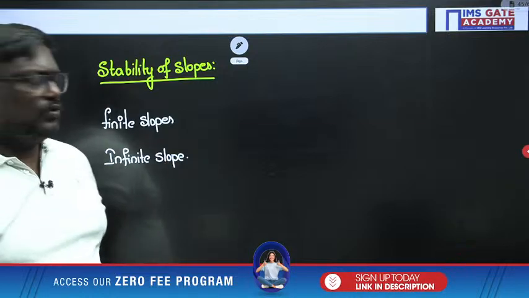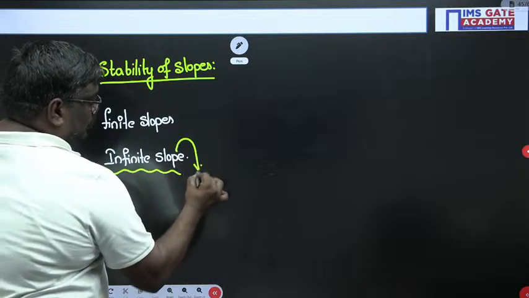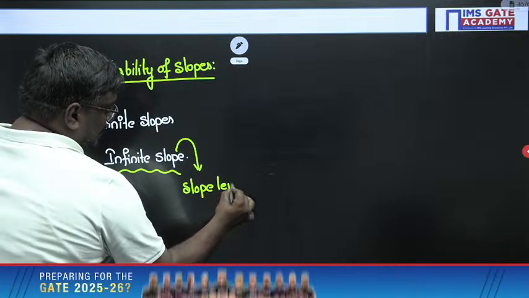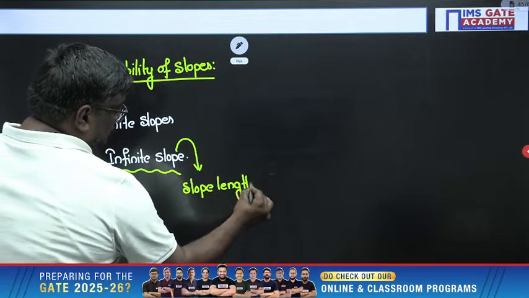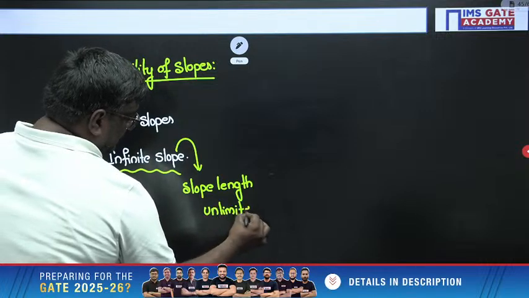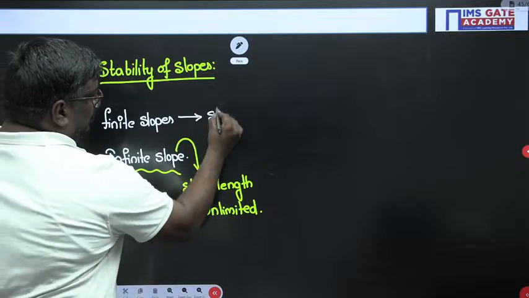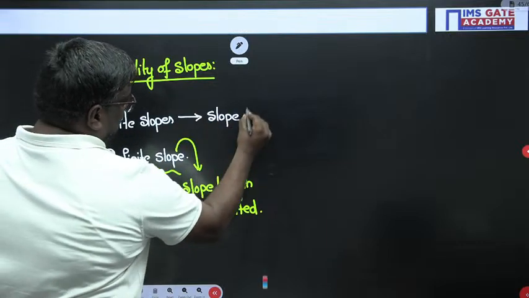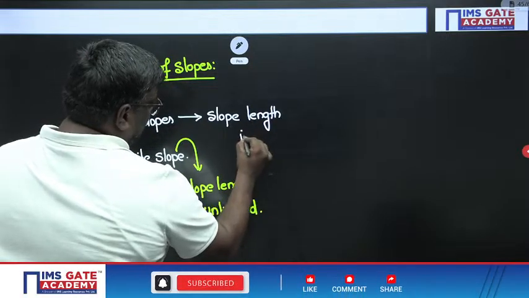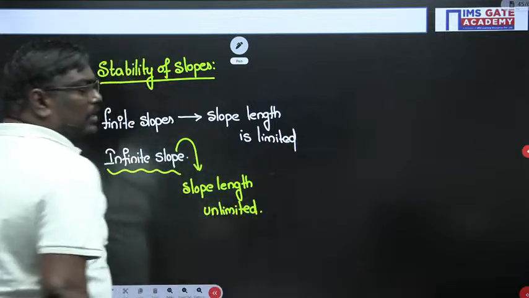In infinite slopes, the slope length is unlimited. In finite slopes, the slope length is limited. This is the basic thing anyone can ask by looking into the definition only.